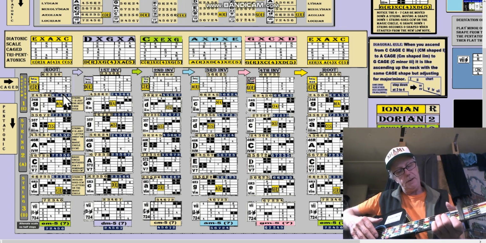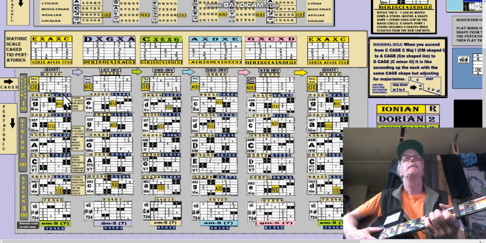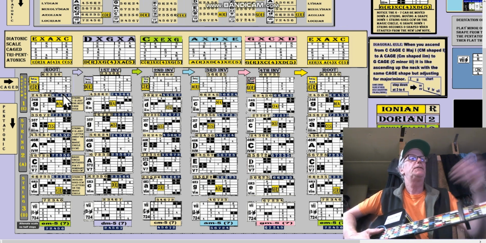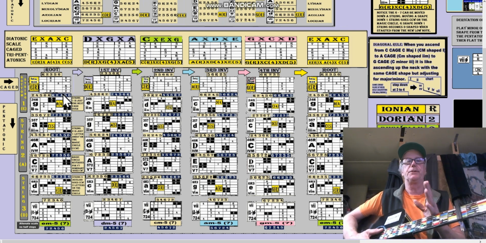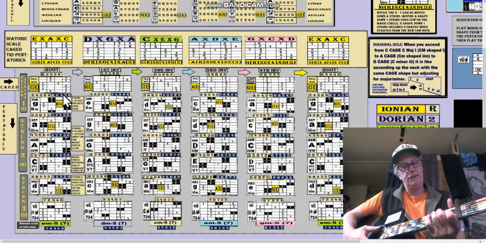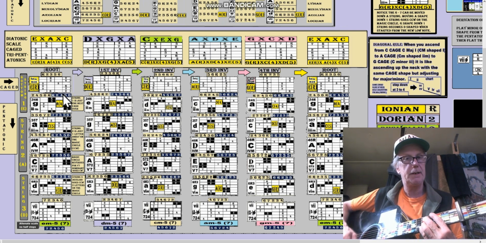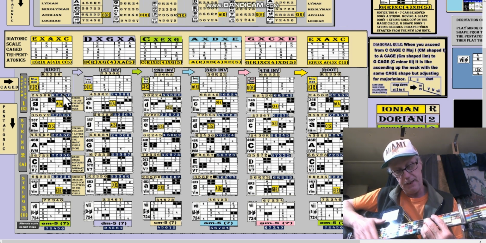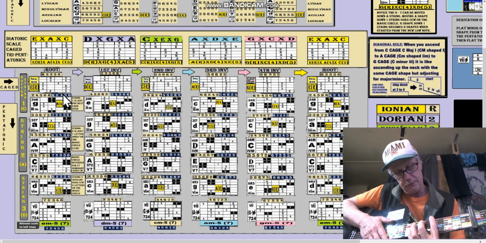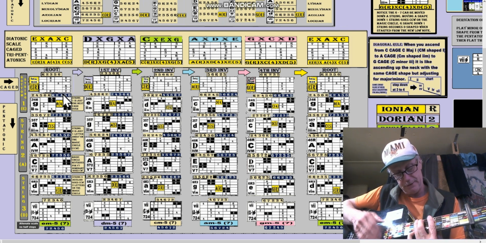So the modes, the C cage system. All right, so it's C, and now you're going to stay in C, but take it up to an A-shaped C. Staying in C and taking it to a G-shaped C like this.